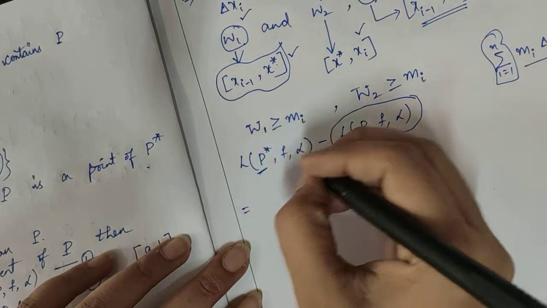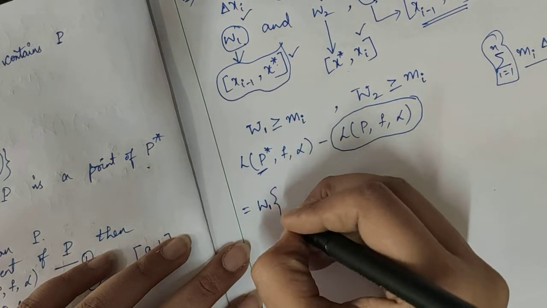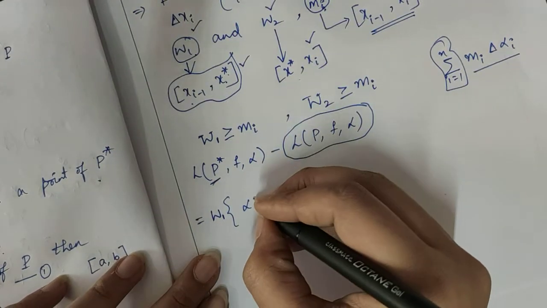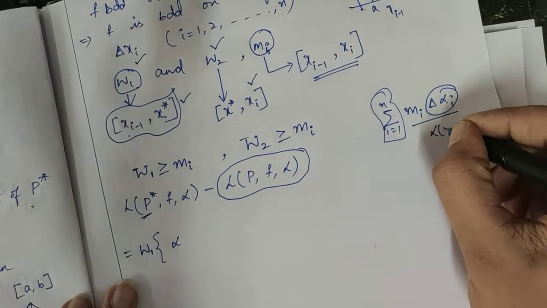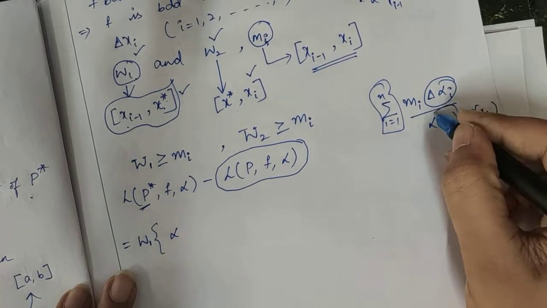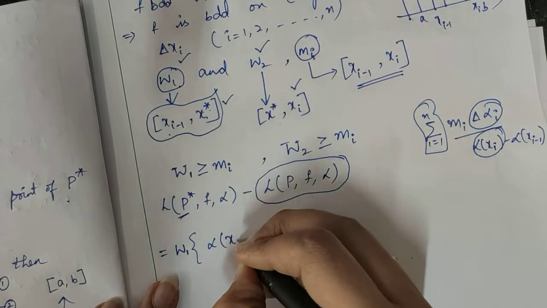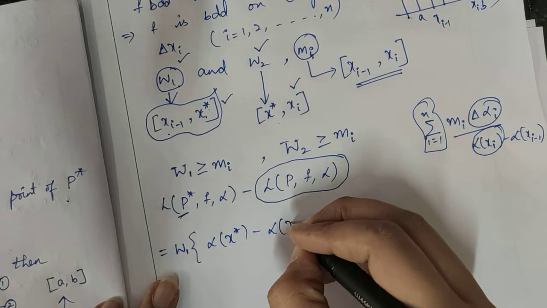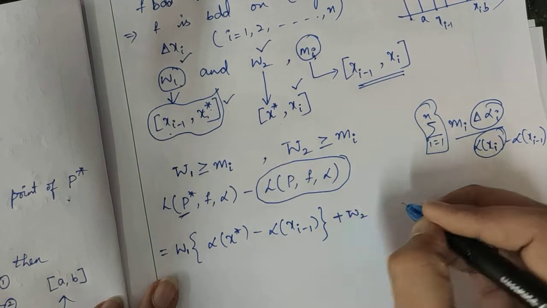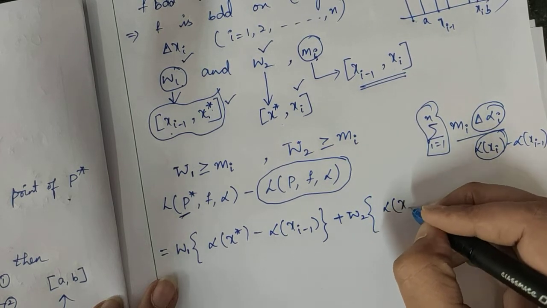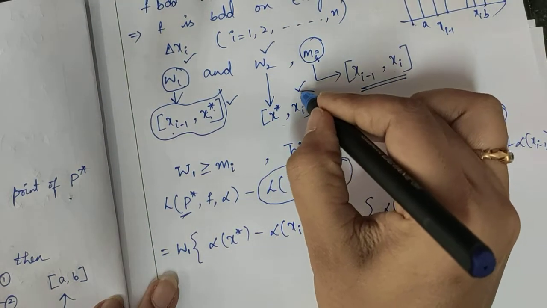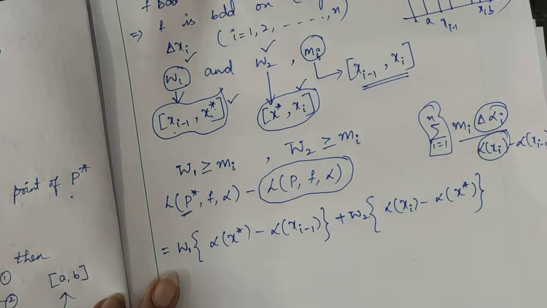We have seen in the previous problem, in a similar way, I can write this as w1 into, this is for x star and xi minus 1. So what is delta alpha i? It is alpha of xi minus alpha of xi minus 1. Here it becomes alpha of x star minus alpha of xi minus 1, plus w2 into alpha of xi minus alpha of x star, because w2 is with respect to this interval, right?